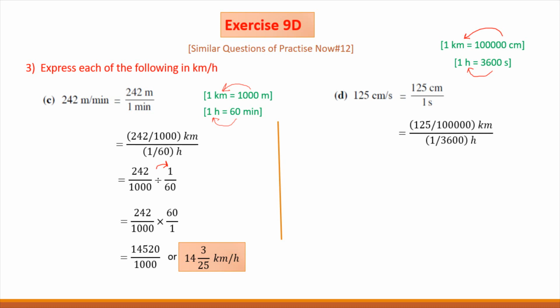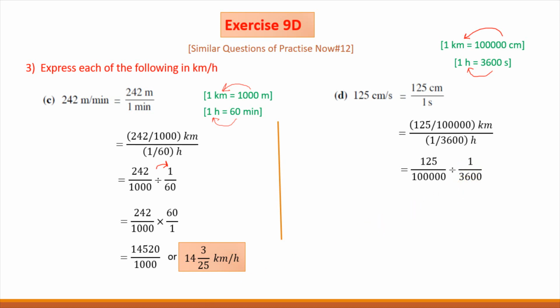So this is our next step: 125 divided by 1 lakh, now in kilometer, and 1 divided by 3600, now in hours. We can write it like this one: 125 divided by 1 lakh divide by 1 divided by 3600 over here.